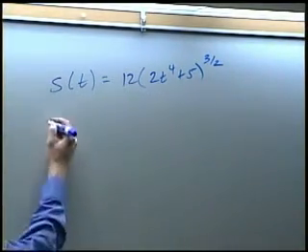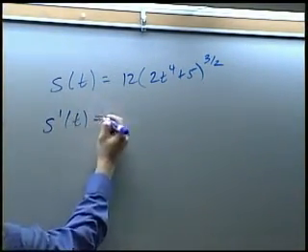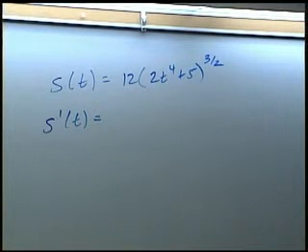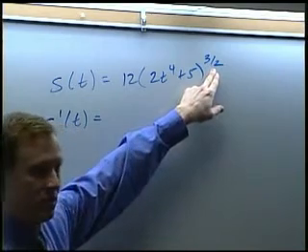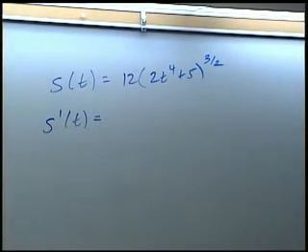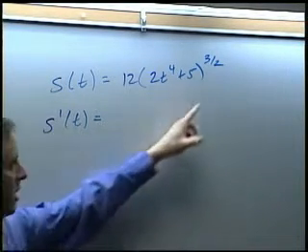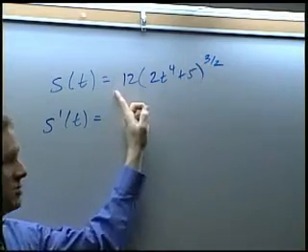Okay? All right, so what is our derivative, s prime of t here? Well, we start with the outer function. I recognize I have something to the 3/2. So how do we take the derivative of something to the 3/2? What do I do with the 3/2? Comes out front, sure.